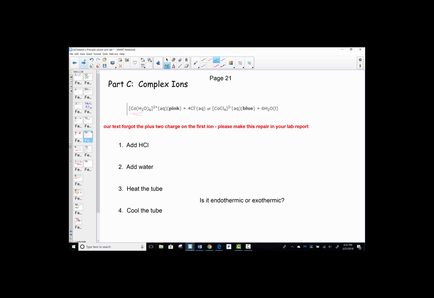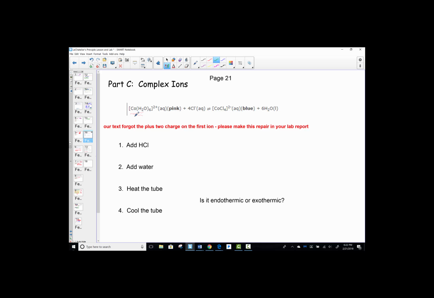Part C relates to complex ions. Complex ions of cobalt. Now, when I look at your e-text, your actual procedure for Part C, complex ions, do you notice that your book, the actual e-text photocopy I uploaded into Canvas, is missing a charge for the pink cobalt ion?